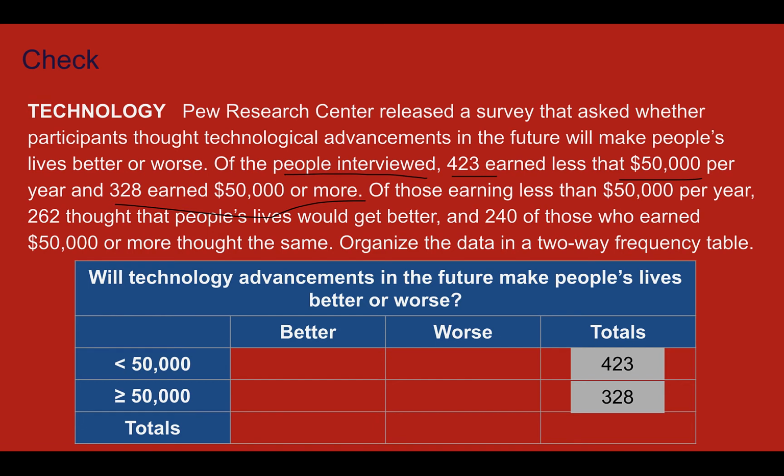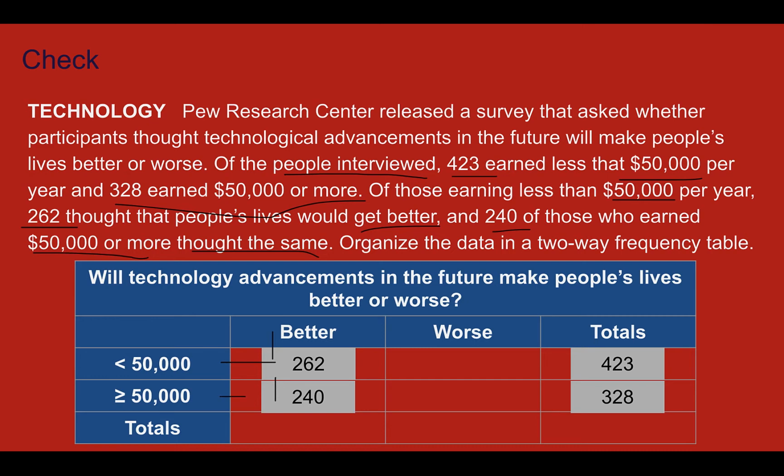Then, of those earning less than 50,000, 262 thought people's lives would be better. So 262 were better, less than 50,000. 240 who earned 50 or more thought the same. So 240 thought better and 50.